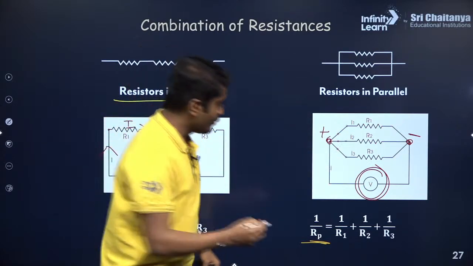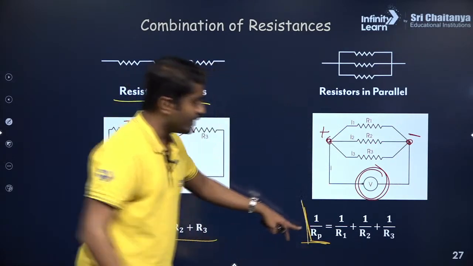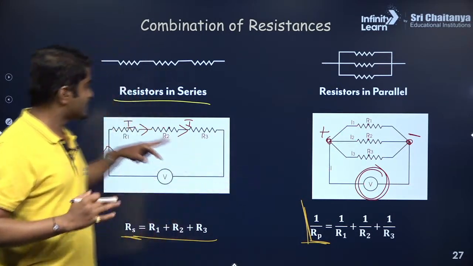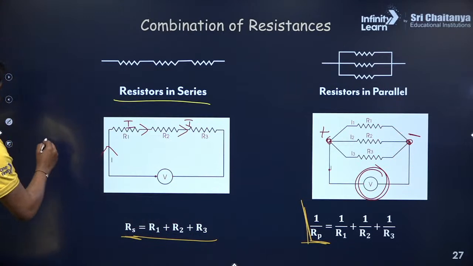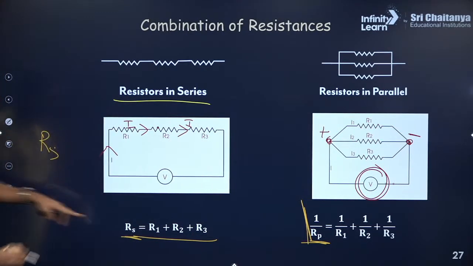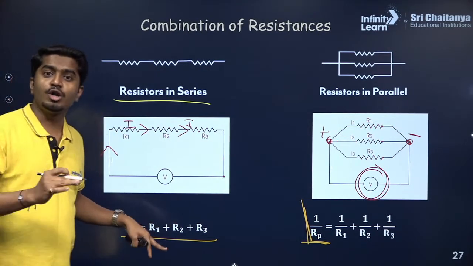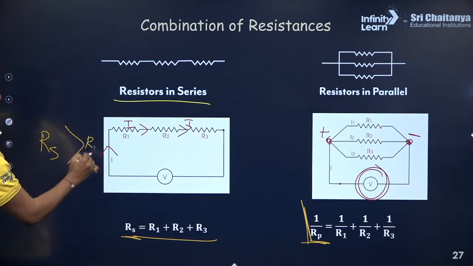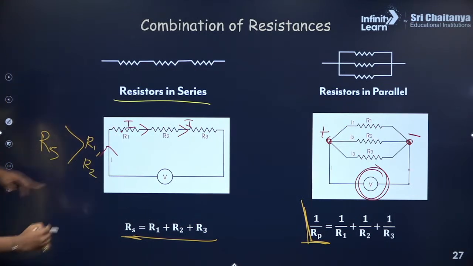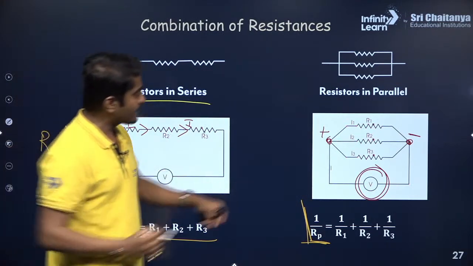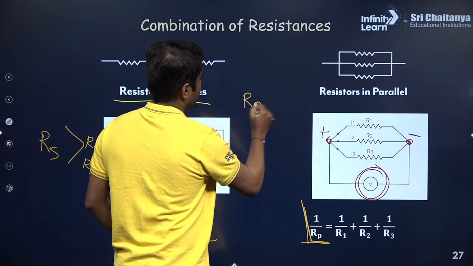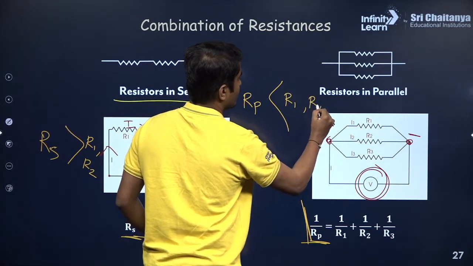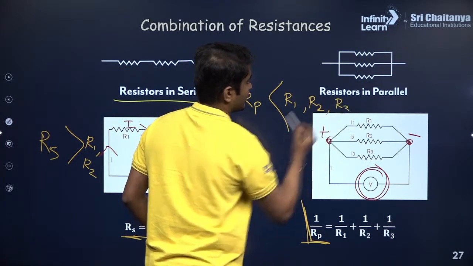That will give you the inverse of the equivalent resistance. Do you know some properties about series and parallel? Rs, the equivalent resistance, is always greater than R1, R2, R3, all of them, and Rp will always be less than R1 or R2 or R3.